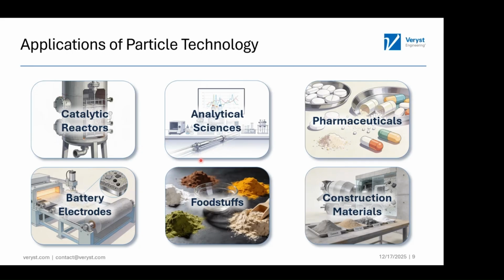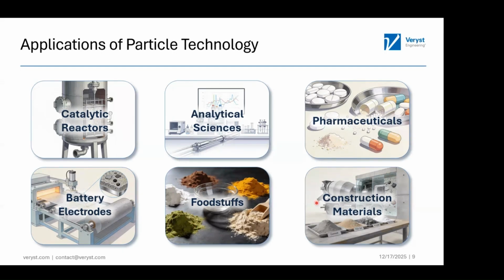In the lab, you frequently encounter particulates in the form of powders, and also in analysis, such as in chromatography. A variety of products, such as pharmaceutical products, foodstuffs, and other consumer products, involve particulates that are either compacted in the form of tablets, or supplied as powders, or reconstituted in solution.